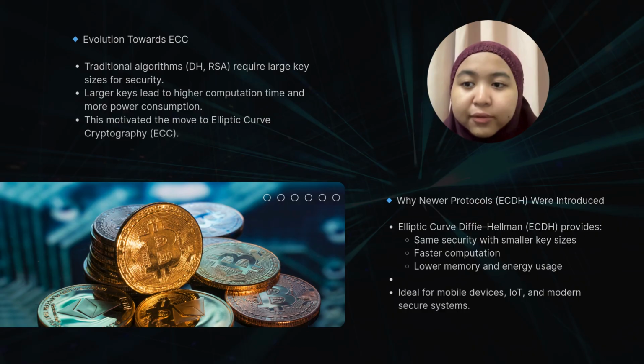Elliptic curve Diffie-Hellman, or ECDH, was developed as an improved version of Diffie-Hellman using elliptic curves. ECDH offers faster key exchange, lower computational overhead, and reduced power consumption. Because of this advantage, ECDH is widely used in modern applications such as mobile devices, IoT systems, and secure web communication.